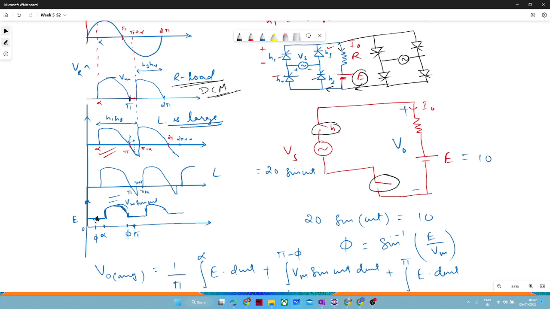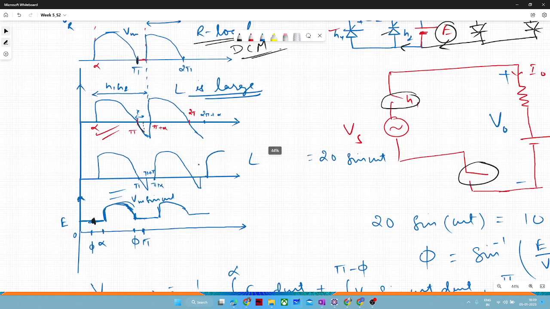So till phi we can't provide that triggering pulse, because it will be in reverse blocking mode till this point. From 0 to phi, it will be in reverse blocking mode, and hence even if you provide the gate triggering pulse, it will conduct after phi only.